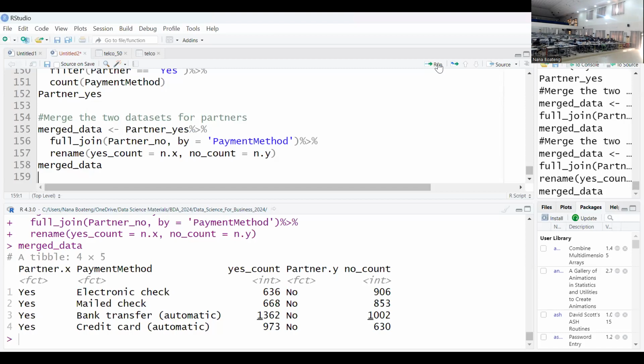Yes, please, I'm having a problem with my partner yes. When I run it, I'm not getting the values.